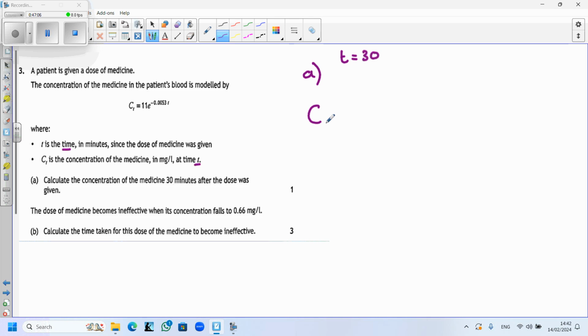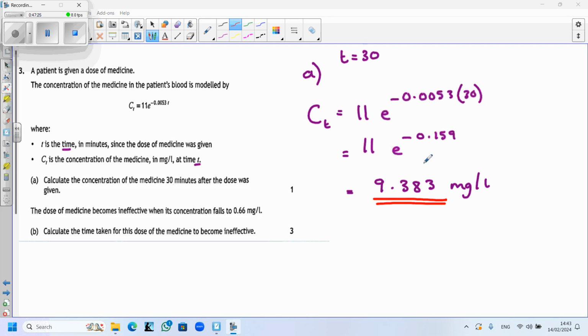So we'll get C at time 30 is equal to 11e to the minus 0.0053 times 30. Now stick all of that into the calculator. Be careful when you're doing it. So work out your power first, which gives you minus 0.159 when you multiply the two of them out.